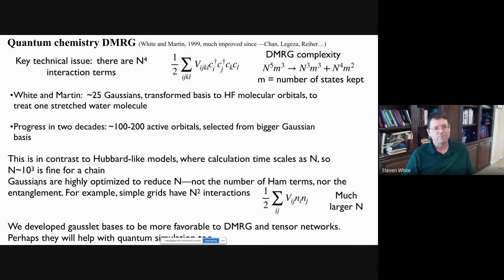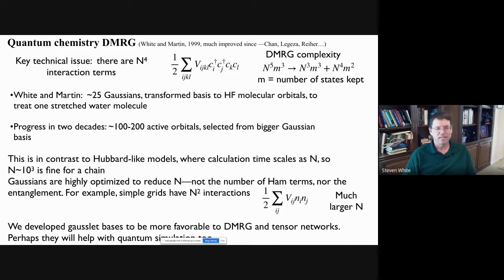So the point is that the Gaussians are highly optimized to reduce N. One doesn't pay so much attention in constructing Gaussian basis sets to the number of Hamiltonian terms; we just accept this N to the fourth.